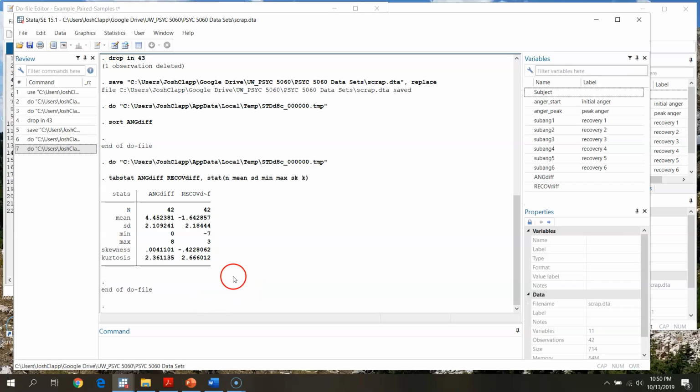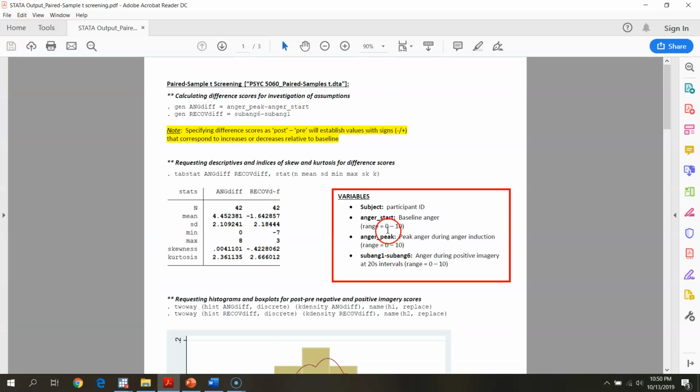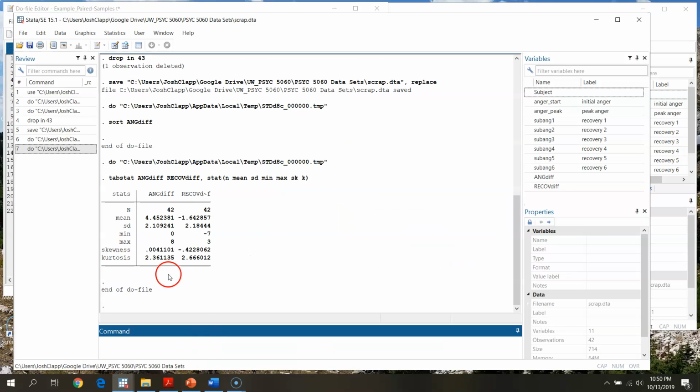Taking a look, everything's looking pretty good here. So full sample, not missing any data, mean, standard deviation. What I'm looking for is min-max values. Now for each one of these, because I'm looking at the difference in 0 to 10 scores, I could have a difference anywhere from -10 to +10.